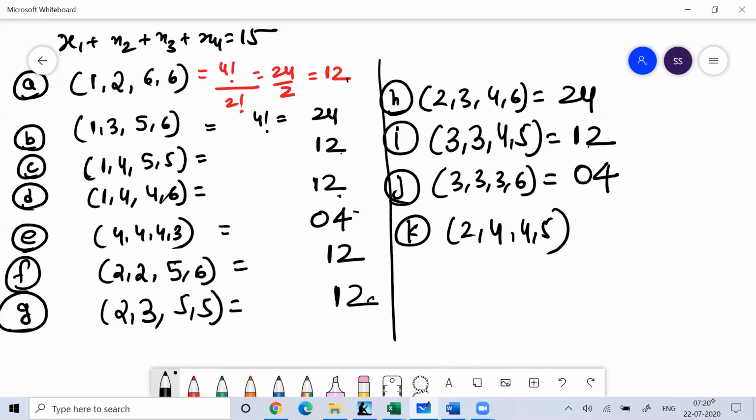Not here, not here, not here. Now 2 4 4 5. So 12 cases are there. So the total would be 140 cases. So like this, you have to think to get the answer.